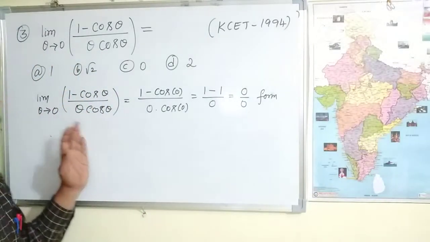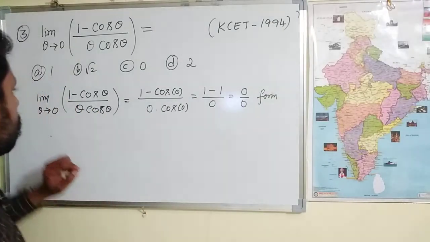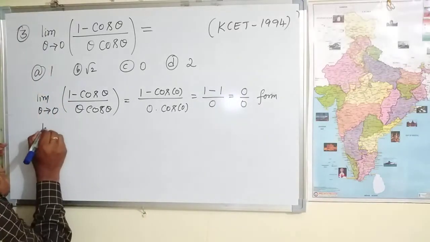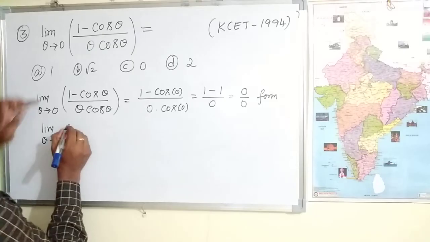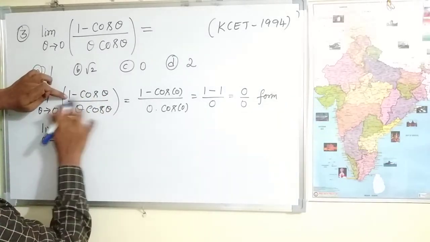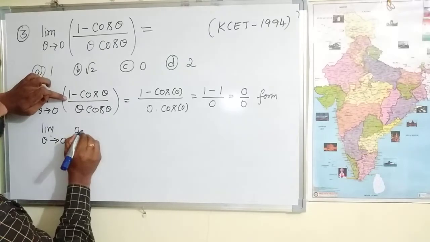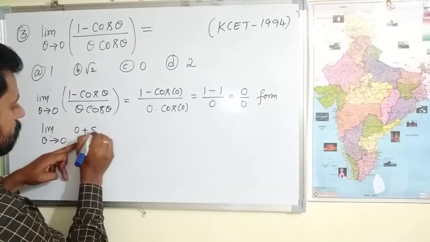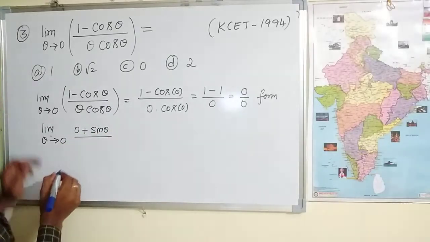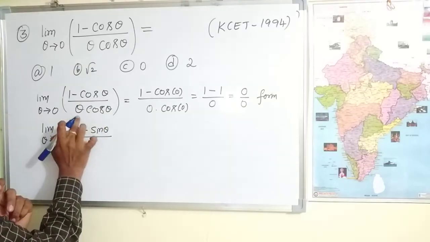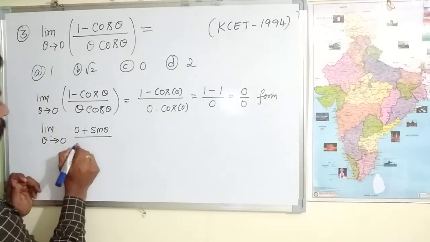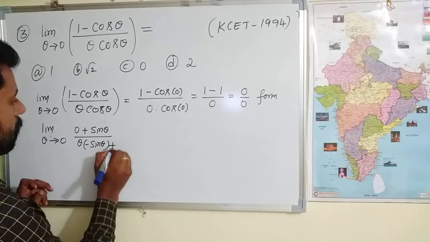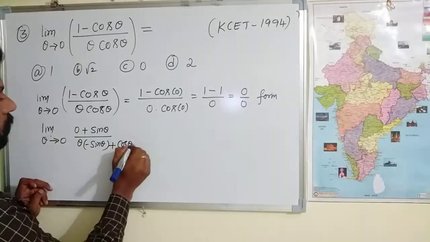Here we apply L'Hospital rule. L'Hospital rule states that we take the derivative of the numerator and the derivative of the denominator separately. Limit theta tends to 0, derivative of numerator d by d theta of (1 minus cos theta): derivative of 1 is 0, minus derivative of cos theta is minus sin theta, so minus into minus gives plus sin theta, divided by, here we have a product, derivative of u into v form: theta into derivative of cos theta, which is minus sin theta, plus cos theta into derivative of theta, which is 1.